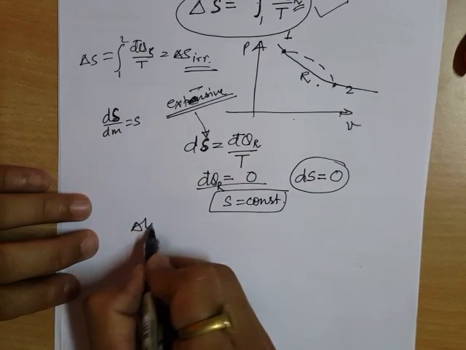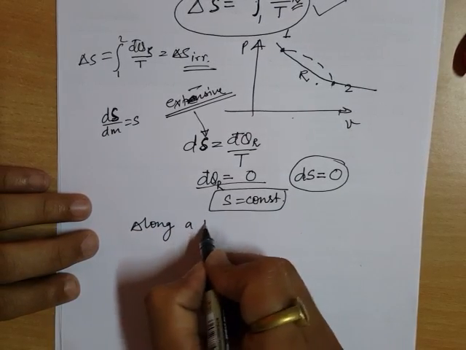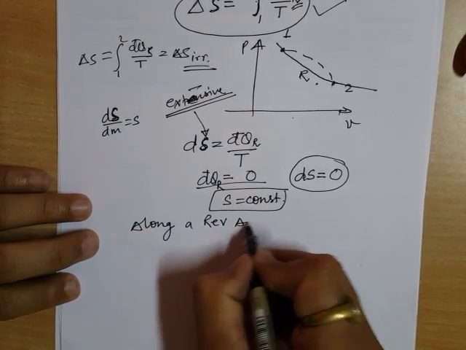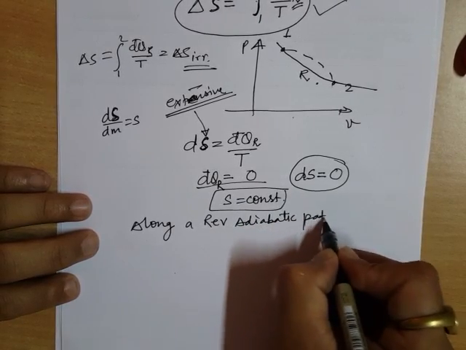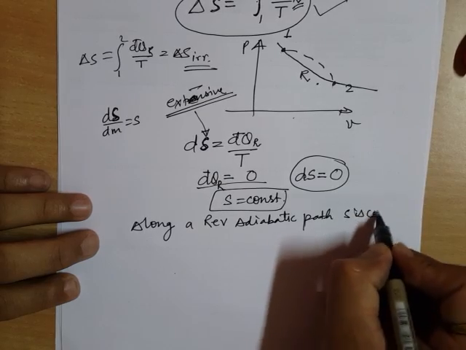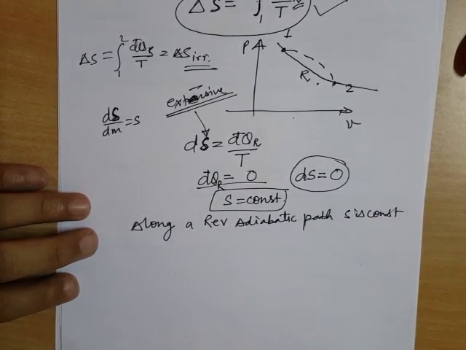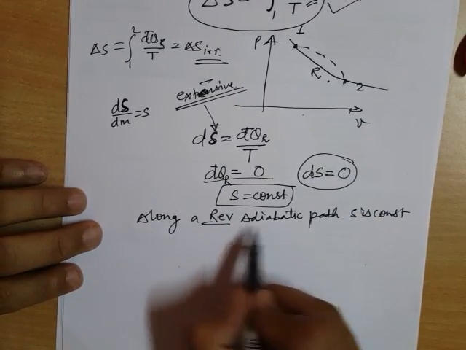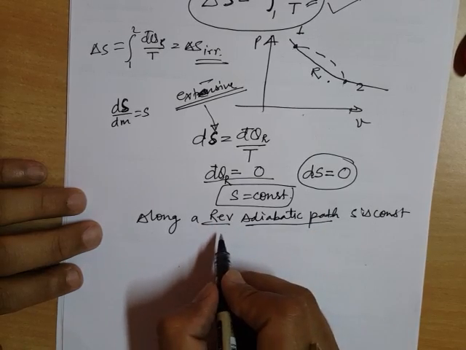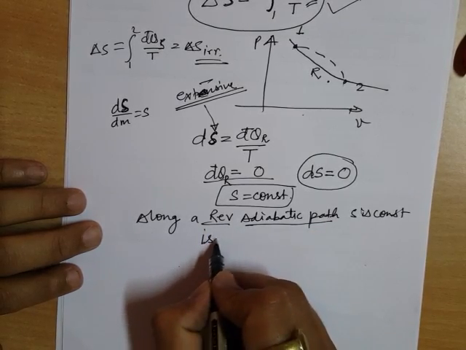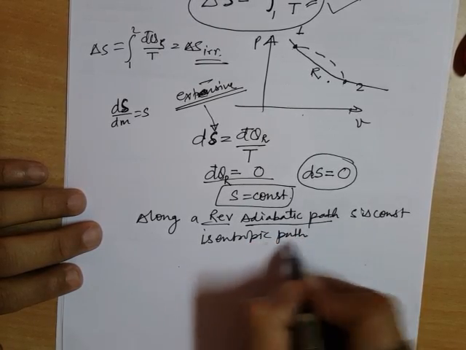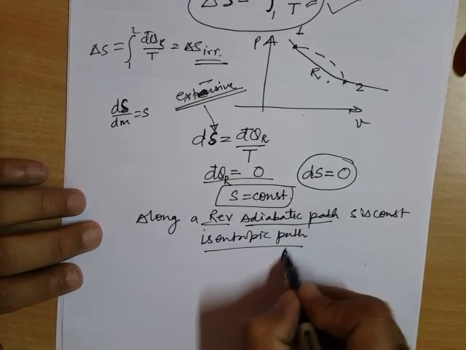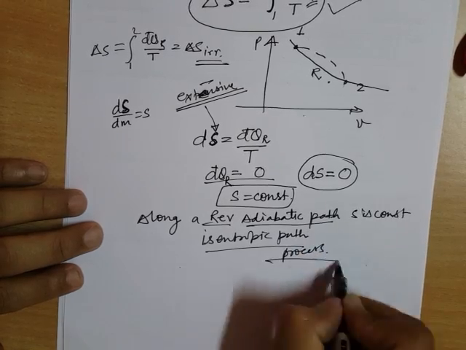So along a reversible adiabatic path, entropy is constant, or in other words, a reversible adiabatic path is also called an isentropic path, or the process is called an isentropic process.